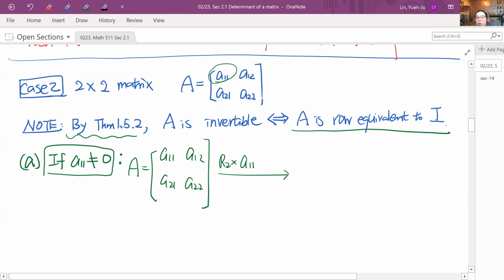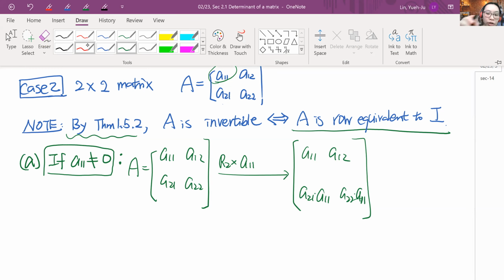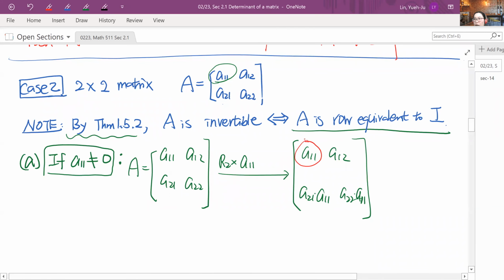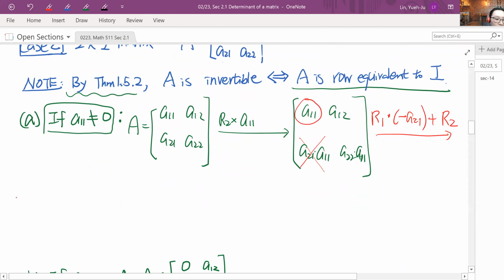So I keep row 1 and multiply row 2 by A11. Then I'm going to eliminate using the pivot, because it's non-zero, so I cancel out this term. I take row 1, multiply by minus A21, and add it to row 2.